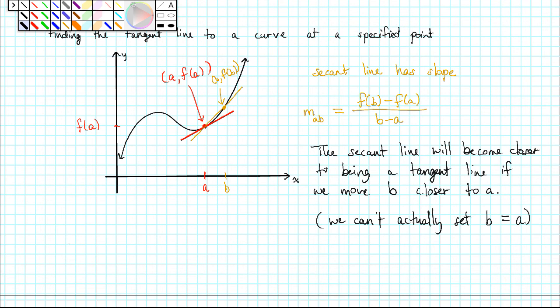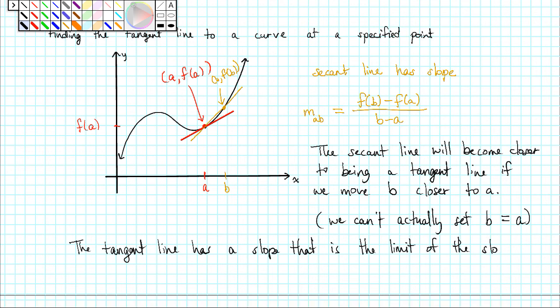We can say the tangent line has a slope that is the limit of the slope of the secant line as B approaches A.